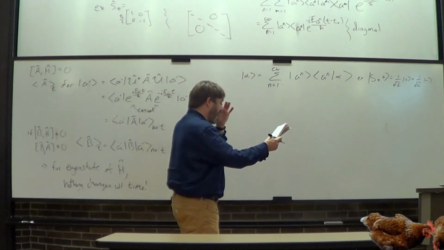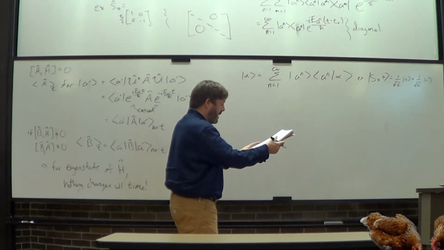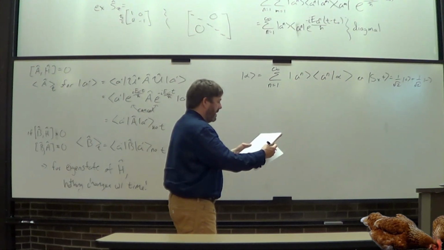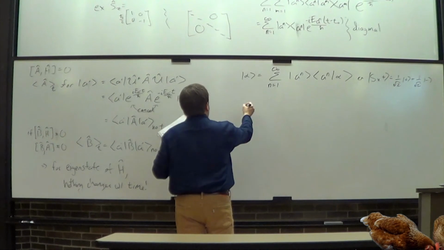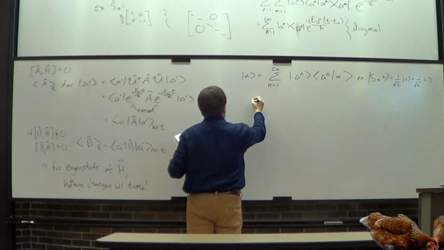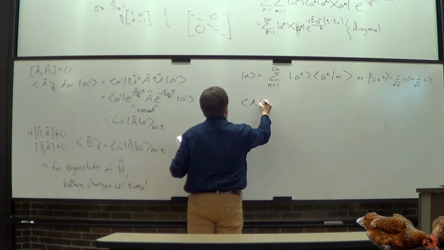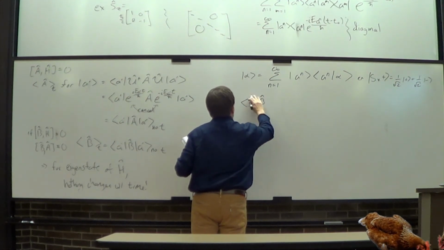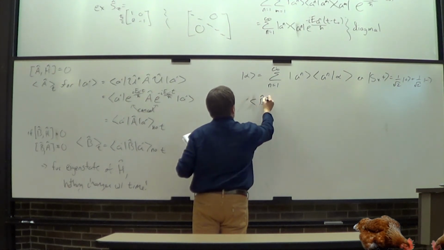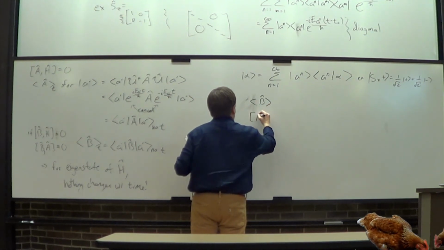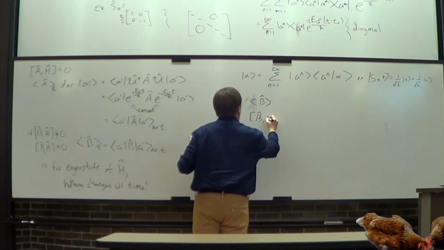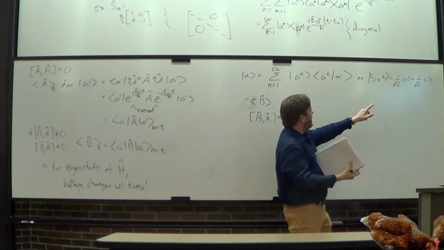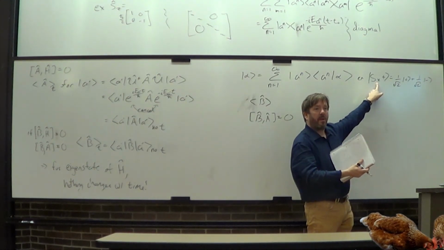And what you're going to find, because I know I'm out of time, is that in that case, operators, expectation values of, let's say B, where we're going to assume that B and A don't commute, right? Just like the Sx operator and the Sz operator, those don't commute.